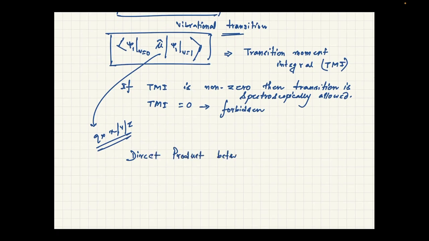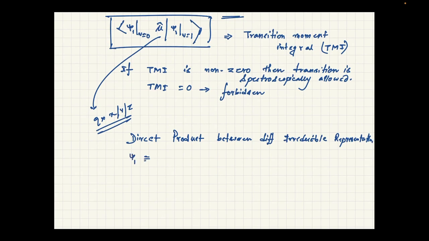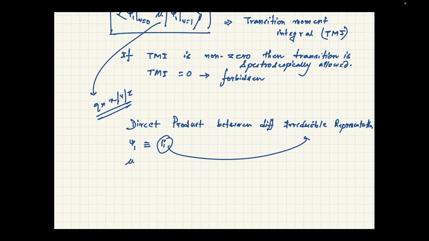A direct product between different irreducible representations. Let's say psi 1 is represented by gamma 1, which is an irreducible representation, and mu, which is a linear function of x, y or z, displacement along x, y or z, can be represented by another irreducible representation, let's say gamma 2.